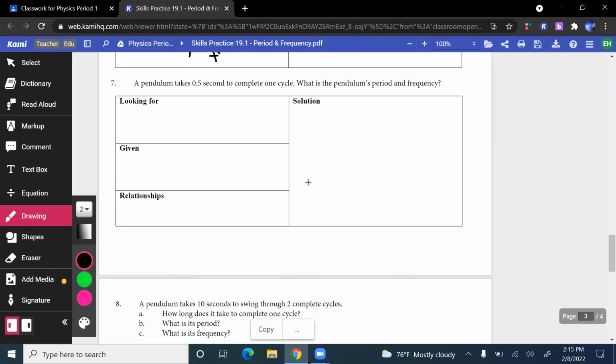Number 7, a pendulum takes 0.5 seconds to complete one cycle. What's the pendulum's period and frequency?